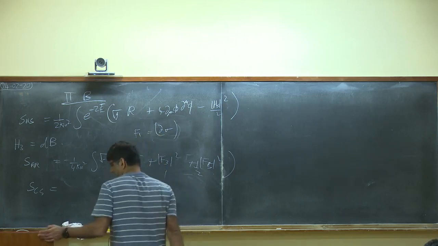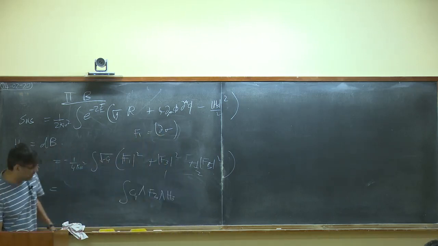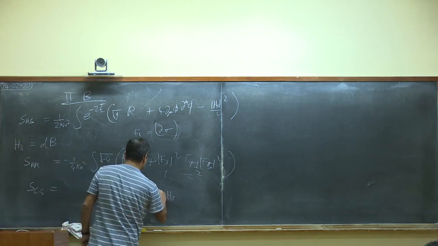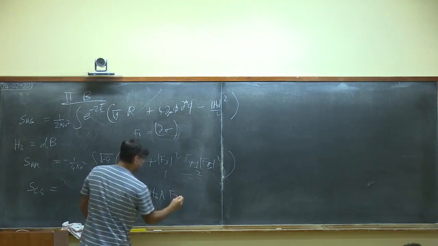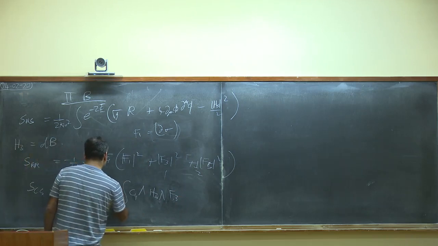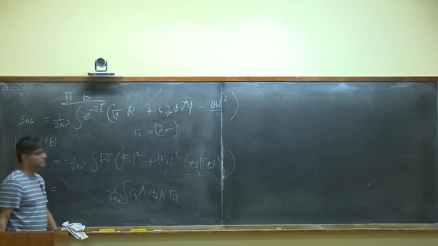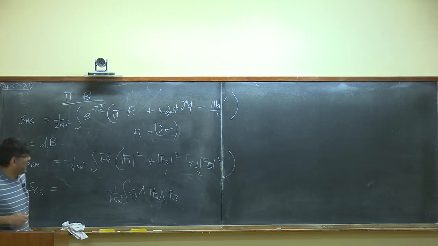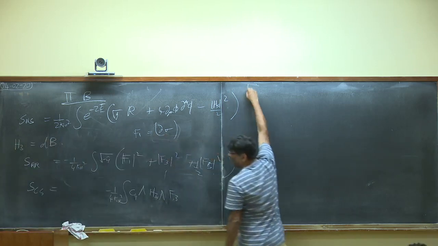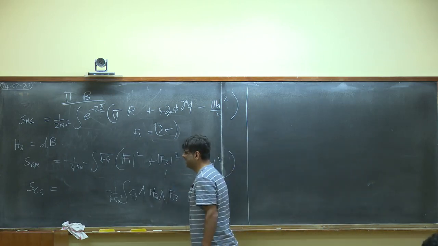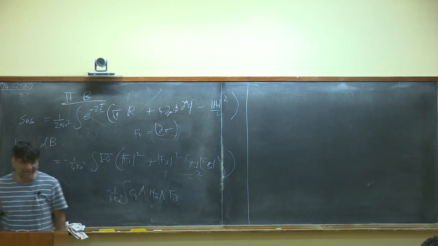Let me write it exactly the way Polchinski writes it. He writes it as C4 wedge H3 wedge F3. Now I've not carefully told you what F3 and F5 were.